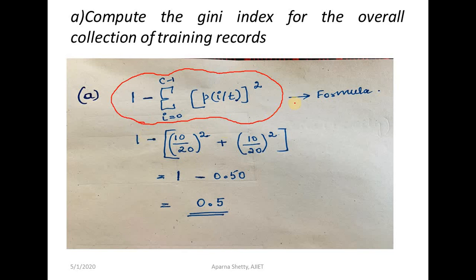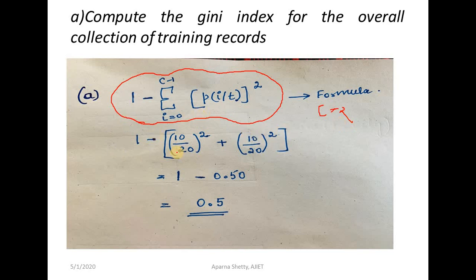Here, how many classes are there in the table? Please refer to the table which you have taken down. 2 classes are there, class 0 and class 1. So the value of C will be 2, and C minus 1 will be 1.